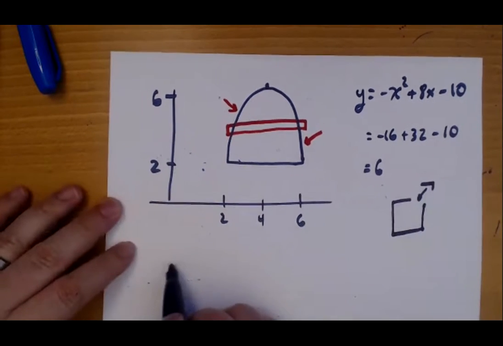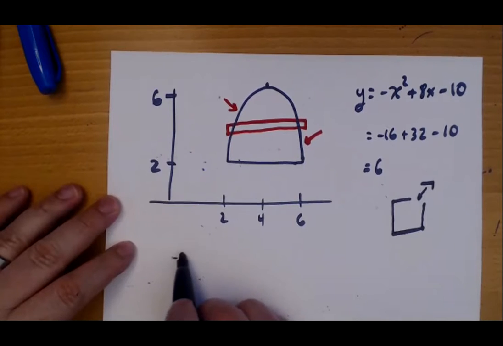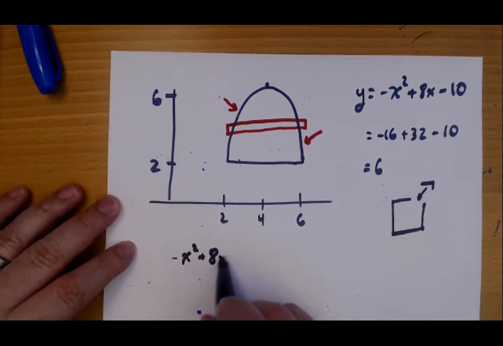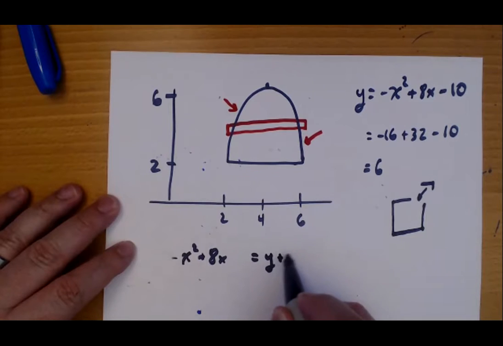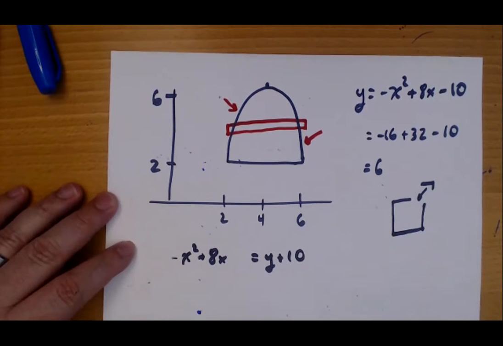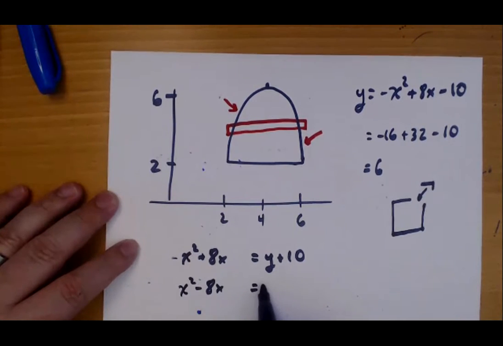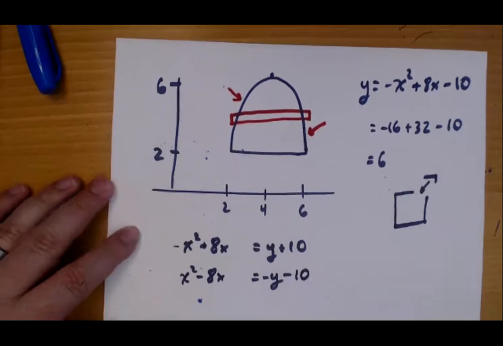Complete the square. So negative x squared plus 8x is equal to y plus 10, right? Now we're going to divide everybody by negative 1. You guys know how to finish the rest?